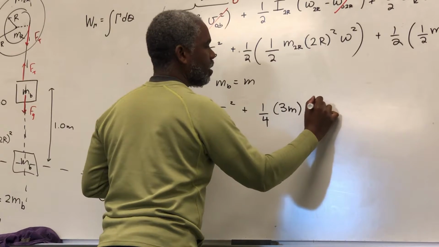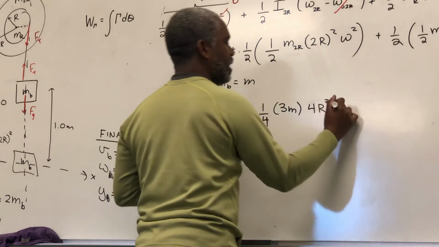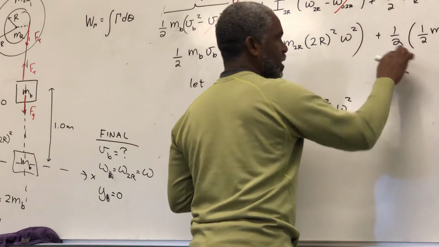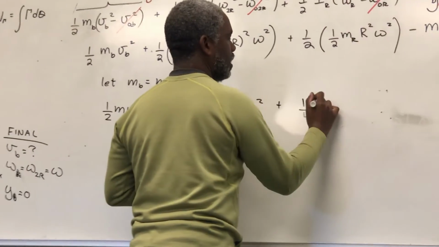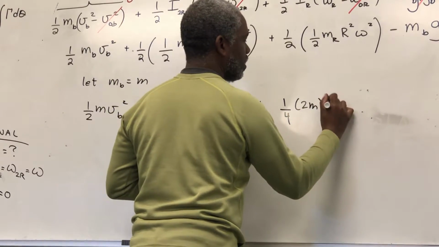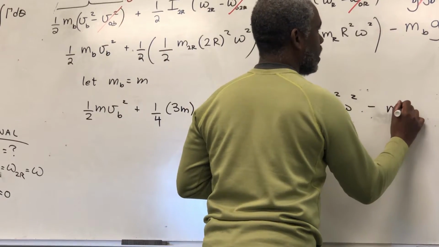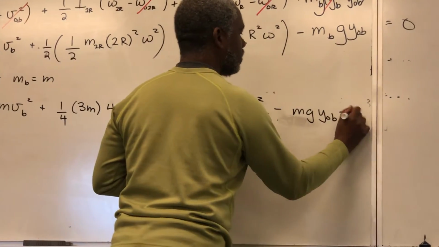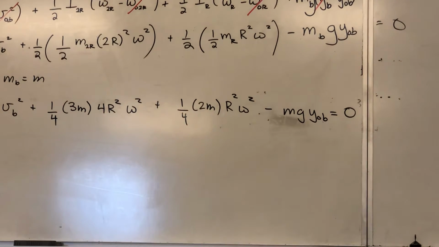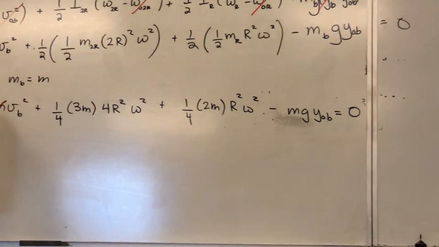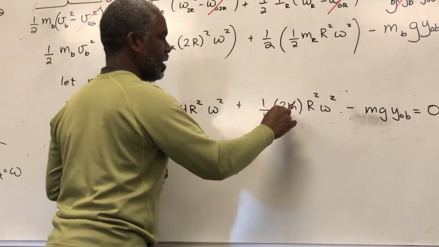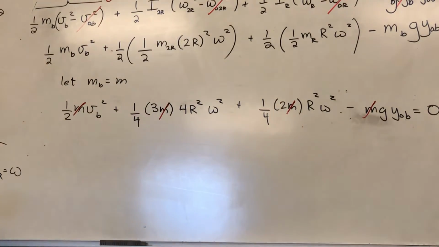This is 4R squared, omega squared, plus 1/4 times 2M times R squared omega squared, minus mg y naught b is equal to 0. Notice mass, mass, mass, mass. That's why it took time to figure out the relationships, because it was simple enough. So all the masses go away.